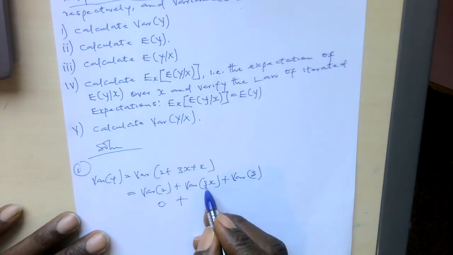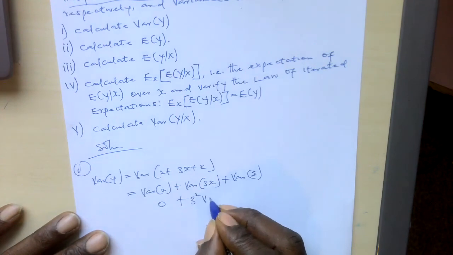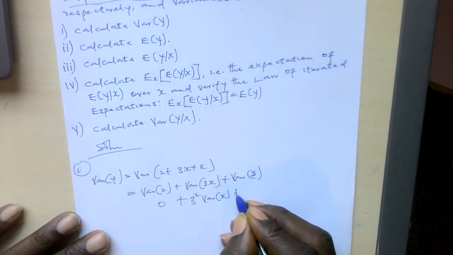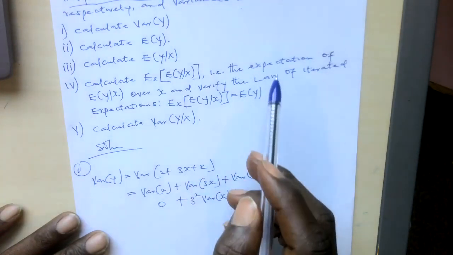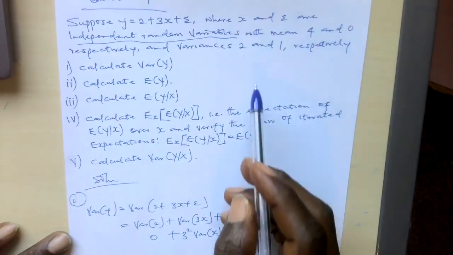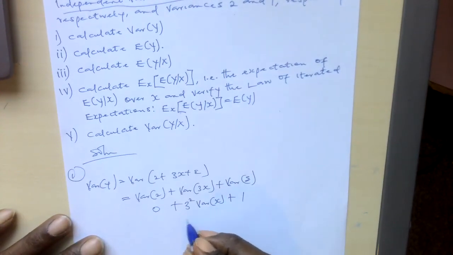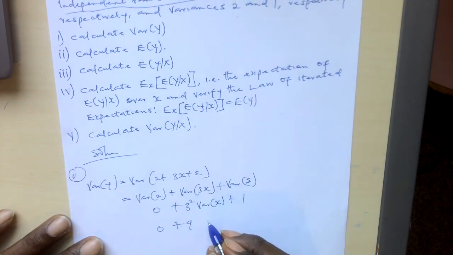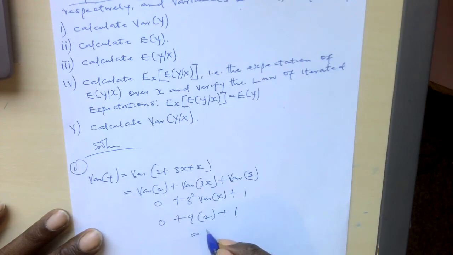When this is a constant, you bring the 3 out, so that becomes 3 squared, like I've told you before, times variance of x. Then variance of error, we are told that variance of error is 1, right? So 9 times variance of x. We are told that variance of x is 2, so 18, that's 18 plus 1, that's 19.